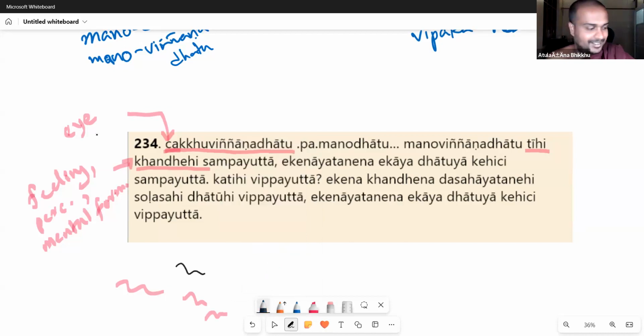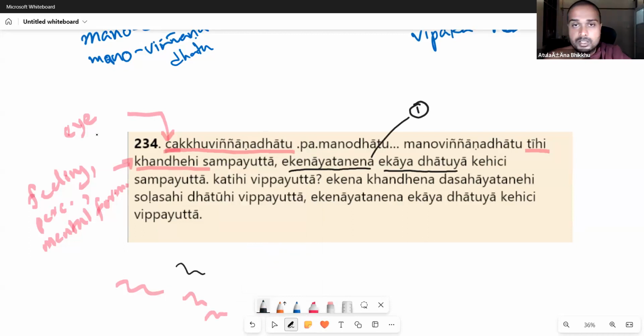Then, ekena ayatanena ekaya dhātuya kehichi sampayutta means it's partially associated with one base.